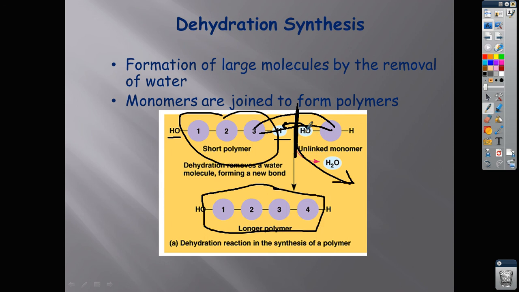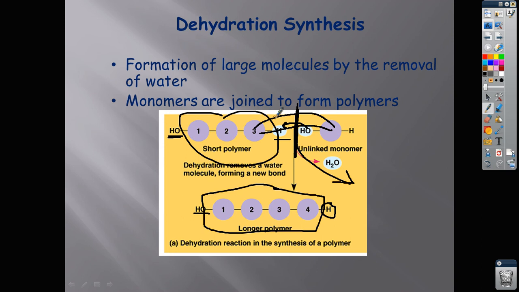Remember, since this monomer has HO here, when combined with this H here, that's going to form the water and come out. You still have an H at the end, which is this one. You still always kept your HO in the beginning, which is here.